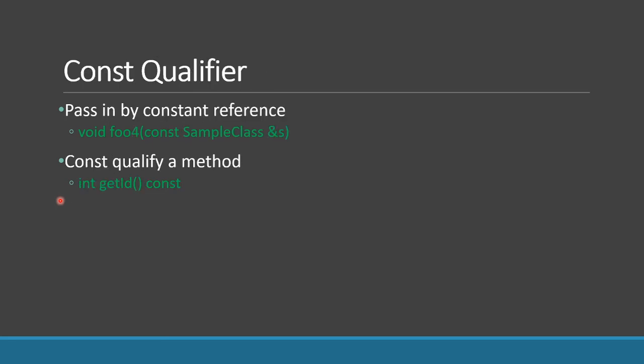And then we talked about the concept of const qualifier and passing things in by a constant reference, where if we want to have a read-only function that we want to make sure makes no changes to s, we const qualify the parameter, and then any methods that we execute on s inside this function foo4, we would have to also const qualify, and this is how you const qualify a method. And doing this here, passing in by a constant reference, is more efficient memory-wise than passing in by value.